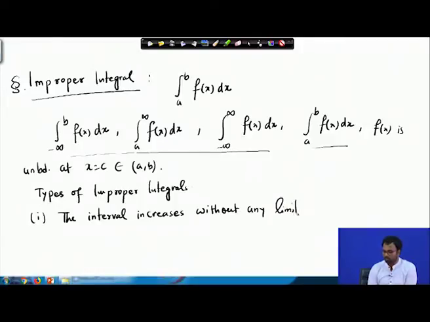So this could be one problem, like in this case, where the interval is increasing up to infinity. So these types of integrals can be of type improper integral.